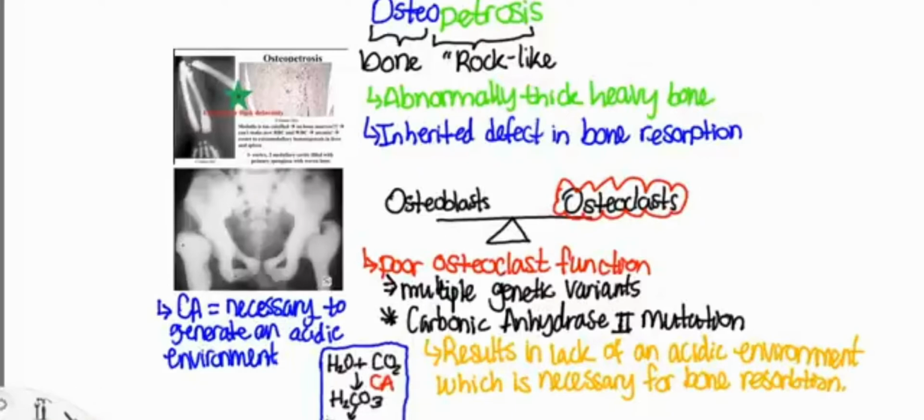Carbonic acid then breaks up into a proton and bicarbonate. This proton, which is the acid, leaves the cells, and this is what creates the acidic environment necessary for bone resorption. If osteoclasts don't have the ability to generate this acidic environment, they won't be able to resorb bone, and this is exactly what occurs in the carbonic anhydrase 2 mutation.